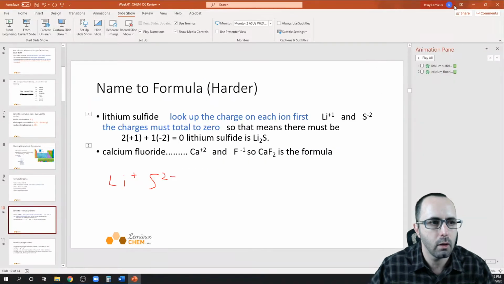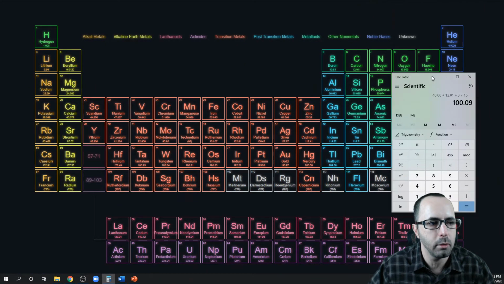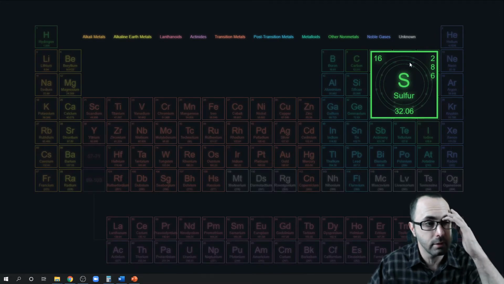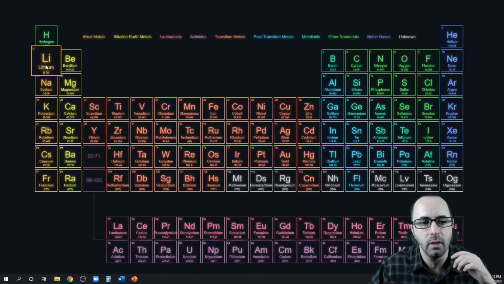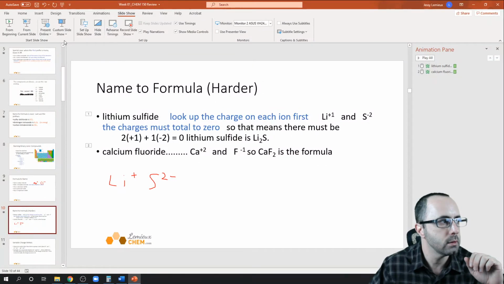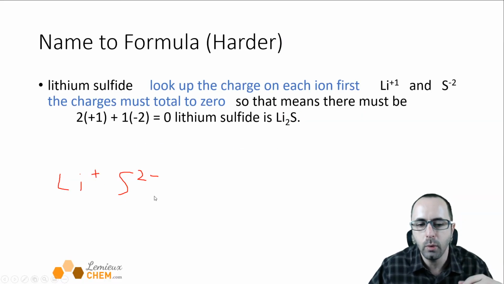So here we look at our handy dandy periodic table, and we see sulfur is in group 6, so it's -2. Lithium is in group 1, +1. And then we have to figure out how many of each we should have.